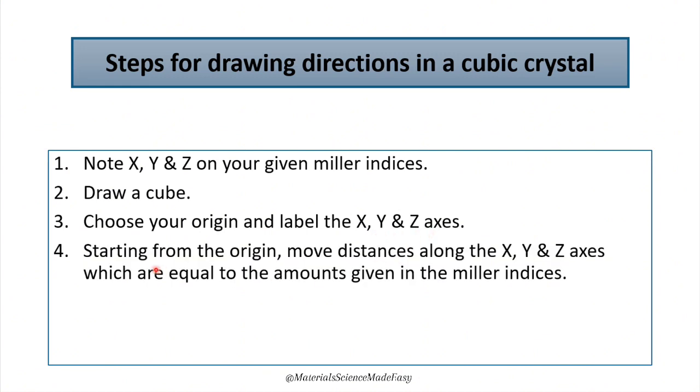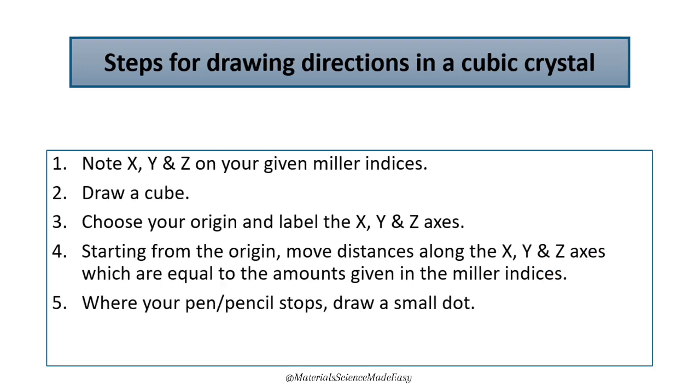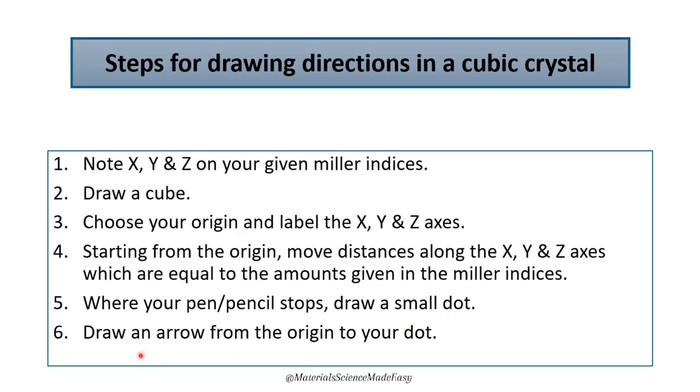And then starting from the origin, I moved distances along the X, Y, and Z axis, which are equal to the amounts given in the Miller indices. Remember, we had 1, 1, 1 in our example. When my pen stopped, I drew a small dot, and lastly, I drew an arrow from the origin to my dot.